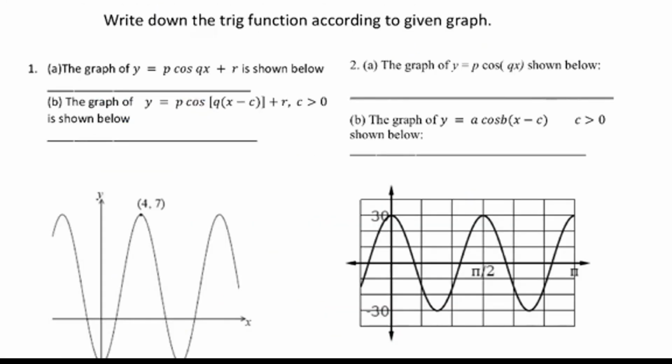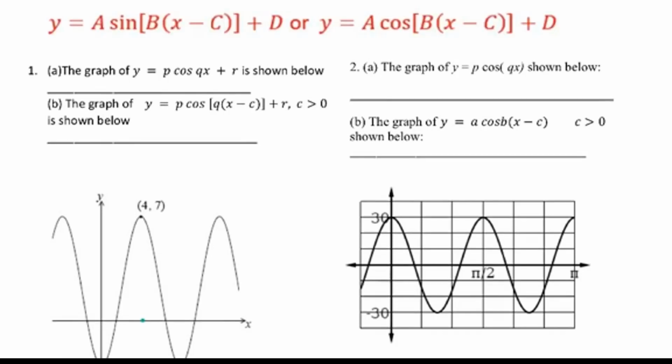For number 1, the graph of p cosine qx plus r is shown below. This graph. So we need to write down this pattern. First of all, remember this transformed form of sine and cosine function.